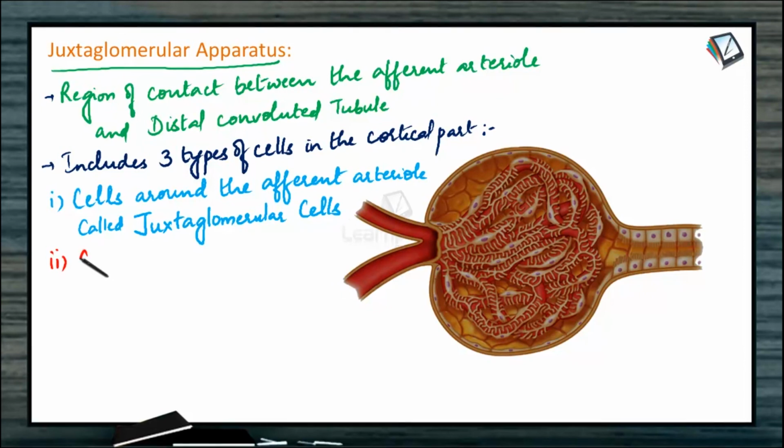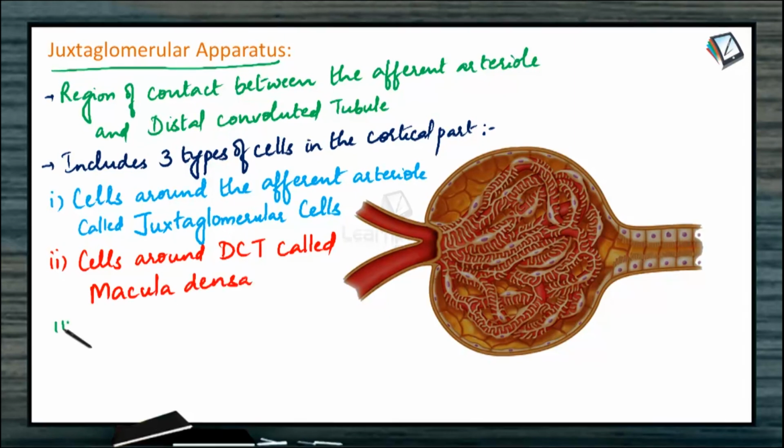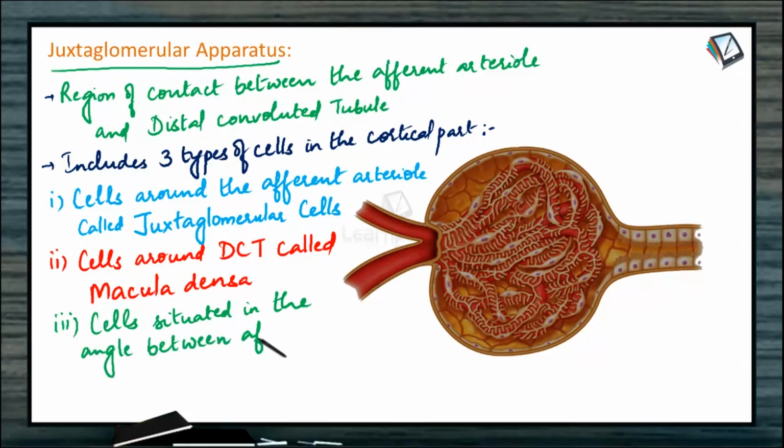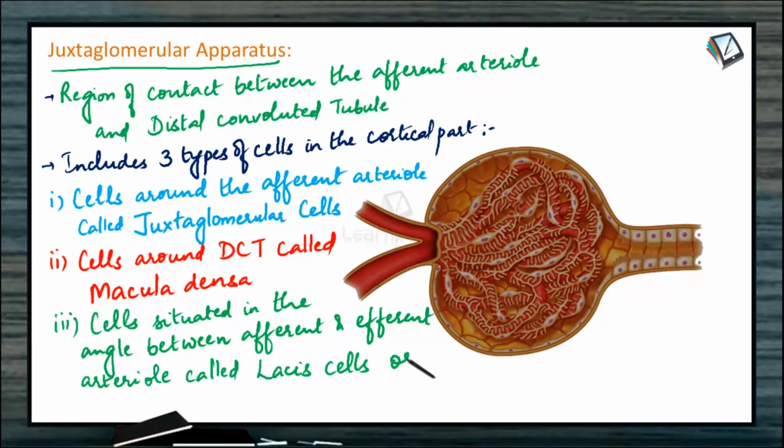Cells around the distal convoluted tubule called macula densa, and the cells situated in the angle between the afferent and efferent arteriole called Lacis cells or Polkissen. So the three cells constituting the juxtaglomerular apparatus are the juxtaglomerular cells, macula densa, and the Lacis cells or Polkissen.